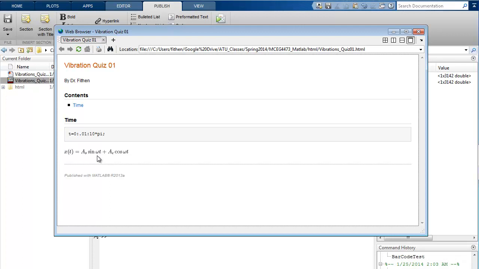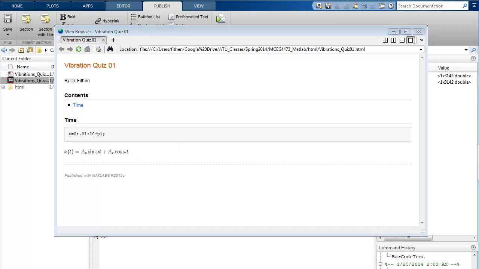And this is the same equation that ends up in the text, where I have as times sine of omega t plus ac times cosine omega t. Now I don't like that because it actually doesn't imply the actual values that you need to put in there.